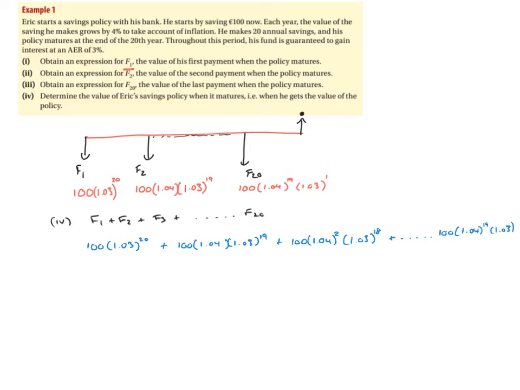So that there, guys, is our geometric progression. Now, you've got to remember that S of n is equal to a1 times (1 minus r to the n) over 1 minus r.